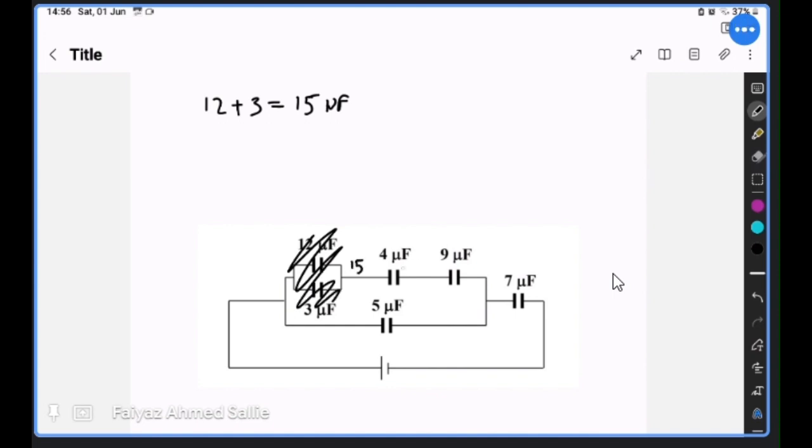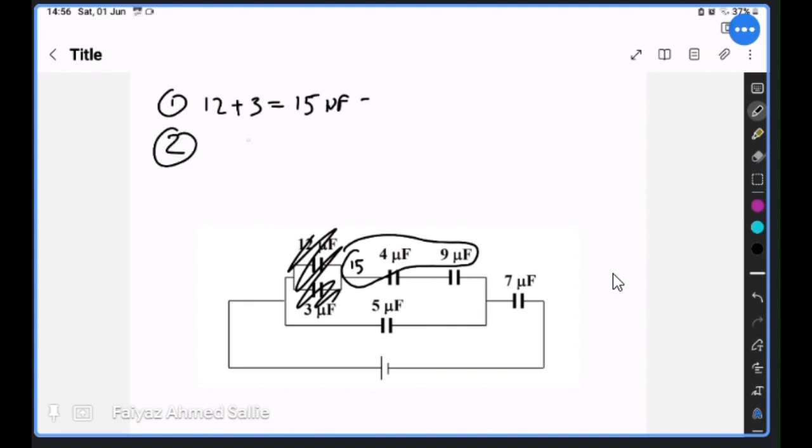And then these ones, they are in series, but we are not going to add them like resistors. So let's do this. So that's one, right?